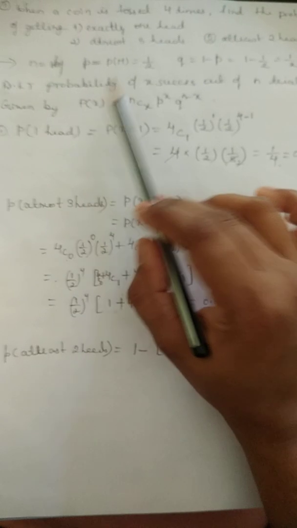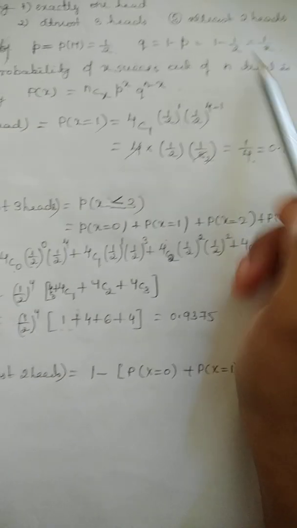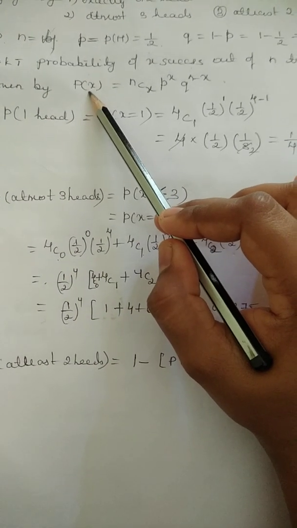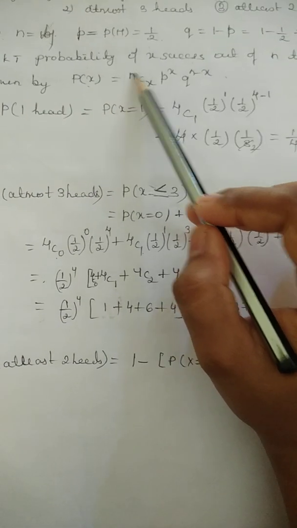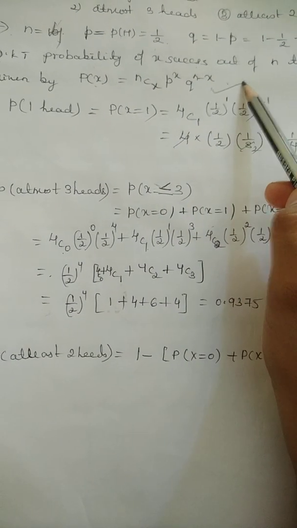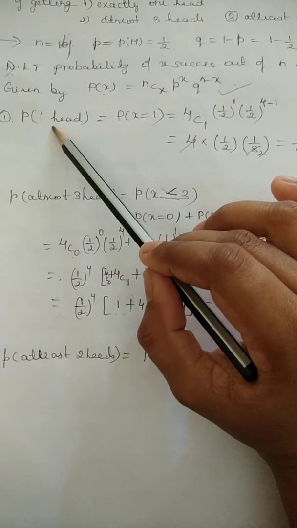Now we know that the probability of x successes out of n trials can be found by Bernoulli's trial formula: P of x is equal to nCx p raised to x q raised to n minus x. Very important formula.